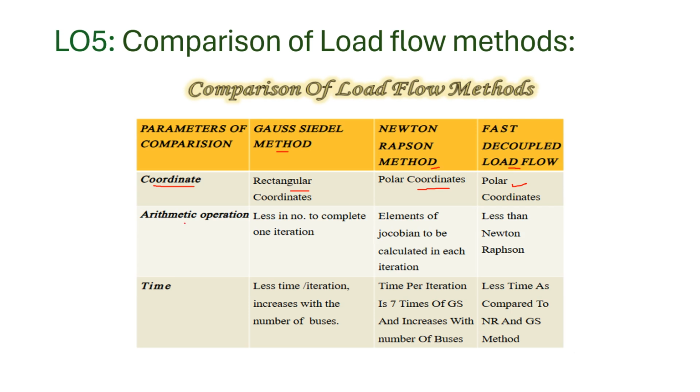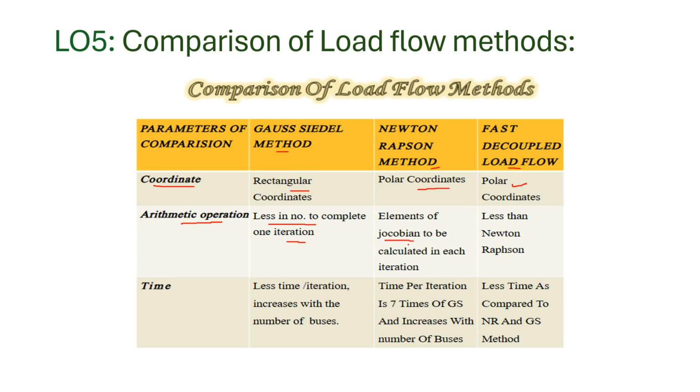Then the second one is arithmetical operations, the number of arithmetical operations. In Gauss-Seidel, there is a smaller number of arithmetical operations, whether it is addition or multiplication, in each iteration. Whereas in Newton-Raphson, the most critical part is the Jacobian.